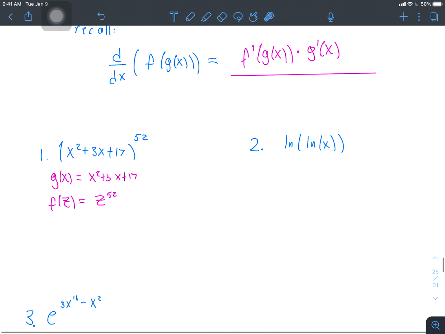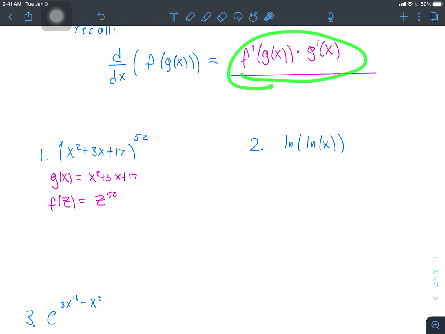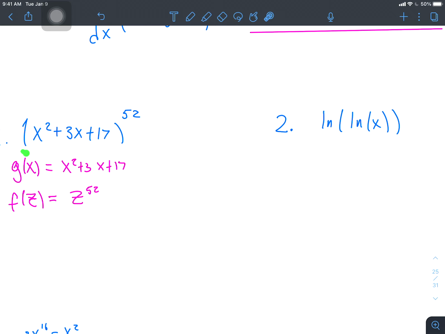And now it's as simple as applying this formula, because I chose my functions in such a way that although I don't know how to find the derivative of this guy, I do know how to find the derivative of each of these two pieces individually. So g prime of x is 2x plus 3, and f prime of z is 52 times z to the 51.